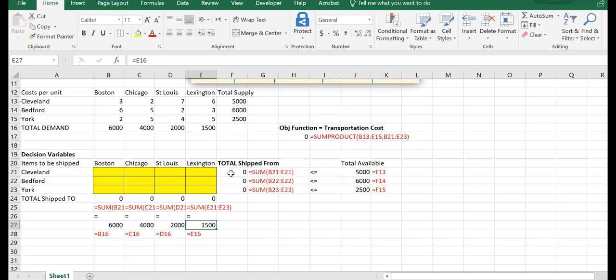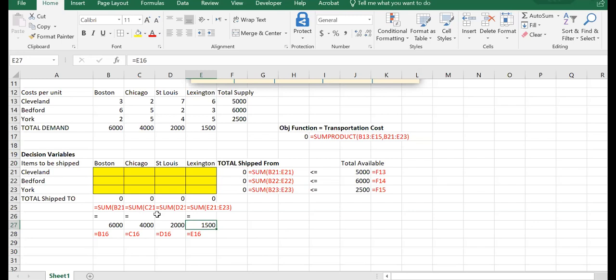Now that we have everything set up, we have decision variables, we have objective function, and we have 7 constraints. For each constraint, we have the left-hand side, the right-hand side, and we determine the sign. All of these 7 constraints are already set up in our spreadsheet model.